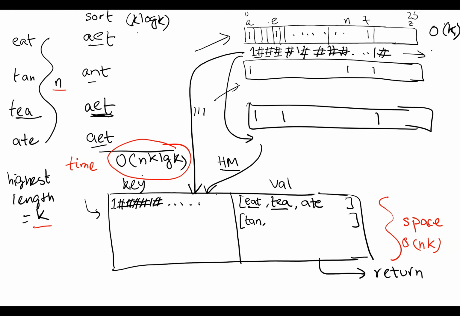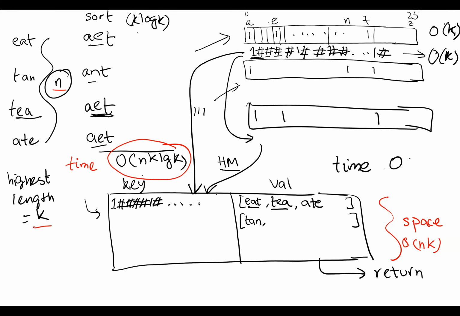And then appending them also takes order of k. The reason is for each character we append once, right? So if we use a string builder, that is also order of k. Then we have n of these words. So in total, the time is going to be order of nk.